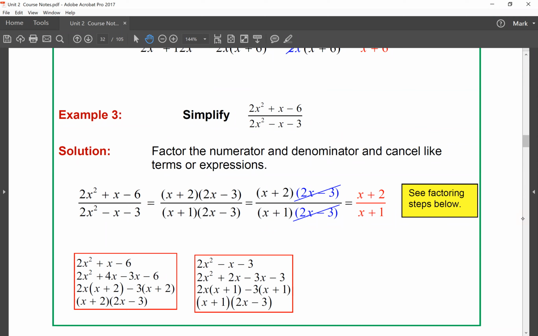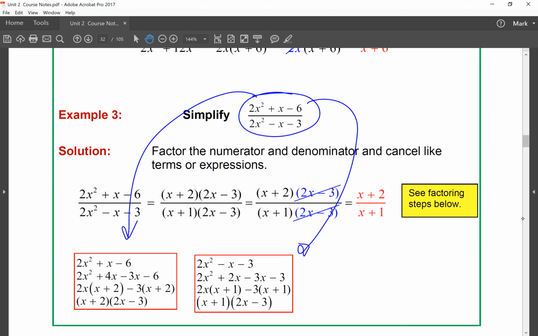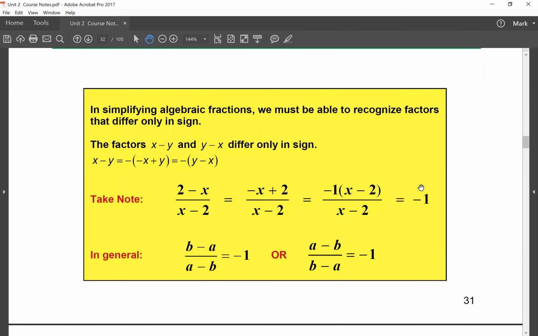But what you do is factor the numerator and denominator and cancel any of the like terms. If you can't remember, you can see workings for this here and here. We did this yesterday. So let me show you a couple. It's not as hard as it sounds.